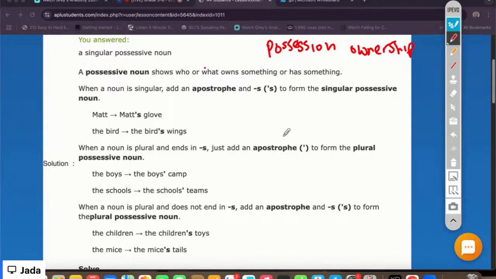When a noun is singular, you need to add an apostrophe and s to form the singular possessive noun. So, for example, we have Matt, and that is a singular noun. So, if you want to make a singular possessive, you have to add the apostrophe and then the s. Okay?